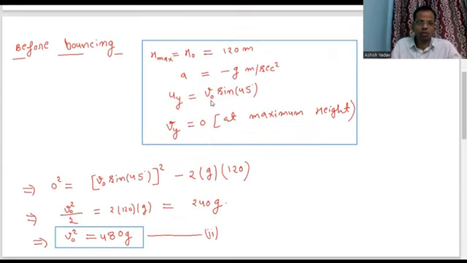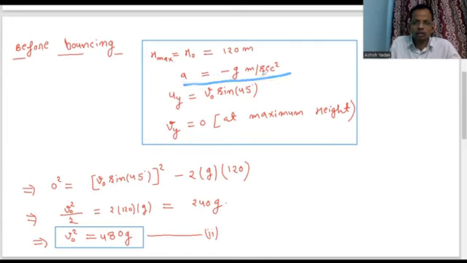Before the bounce, the maximum height is 120 meters. The acceleration a is minus g, because I am taking downward as negative and upward as positive, and acceleration due to the gravity of the earth is in the downward direction from the perspective of an observer standing on the ground.